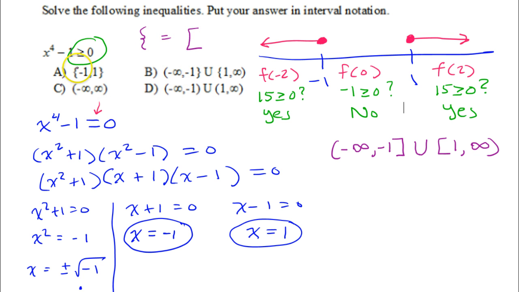So everywhere you see a brace, let's just go ahead and make that into a square bracket before we look for our answer. So these are square brackets here. Okay, now, where is the answer? So -infinity to -1, union 1 to infinity with the square brackets. So the answer is B.